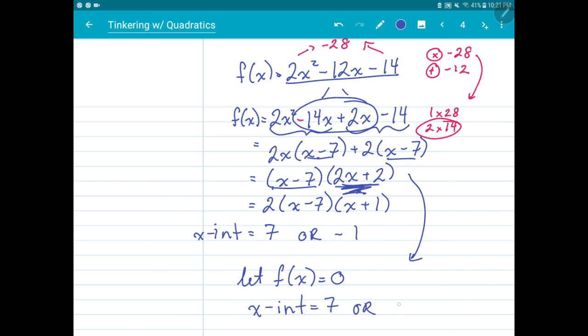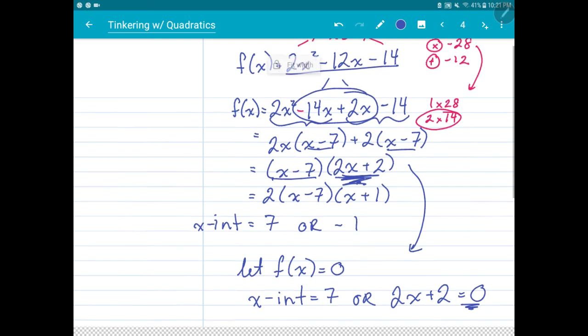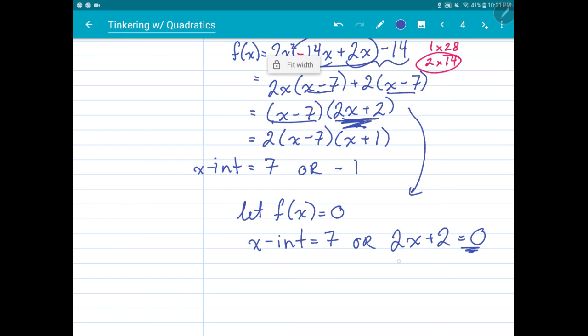Or the other one, maybe you don't see it right away. So you say, okay, well, what will make this 0? So I set it equal to 0, and I check what the consequence of doing that is. So I just subtract 2 from both sides. So 2x has to be equal to minus 2. And then I divide both sides by 2. So x is going to have to be minus 1, which is exactly what we expect.